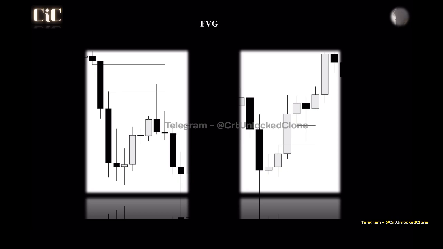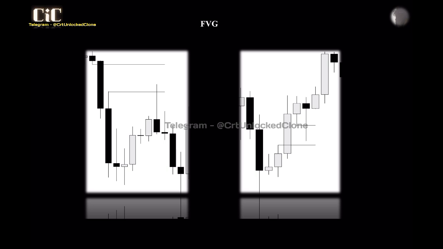FVG. FVG is a 3-candle pattern which indicates one-sided heaviness in any given market, right? Which means the market makers are pushing price low so quick and they're in such a hurry to go down to attack a certain target that they're leaving these gaps in the market.